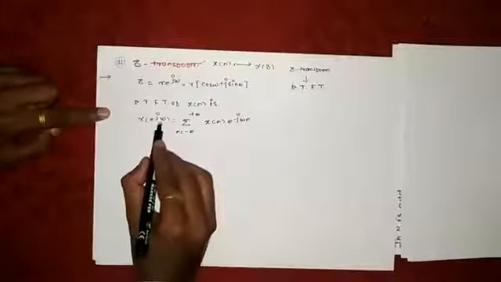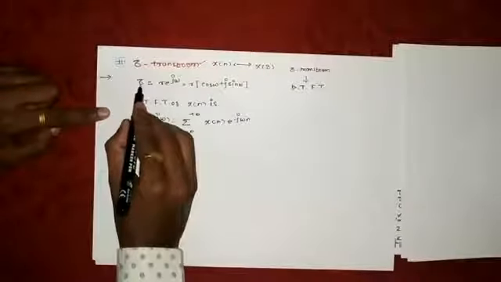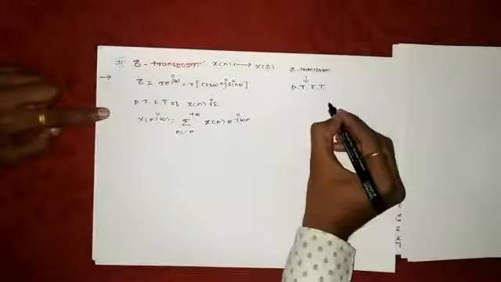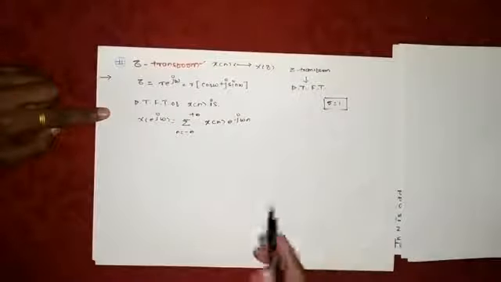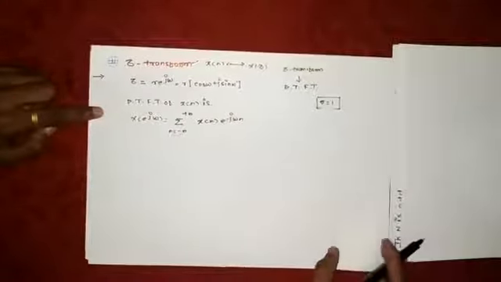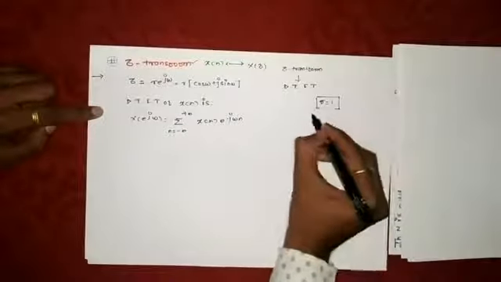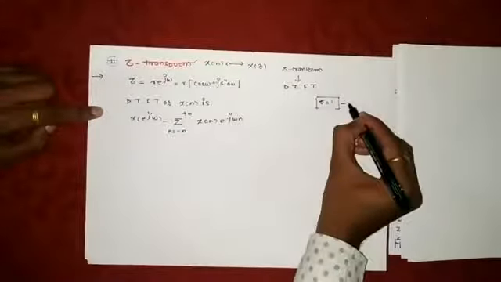Now we'll replace the value e raised to j omega with z. To do this, we can assume r is equal to 1, that means radius is equal to 1, so that it becomes a unit circle, and we can write z as e raised to j omega.